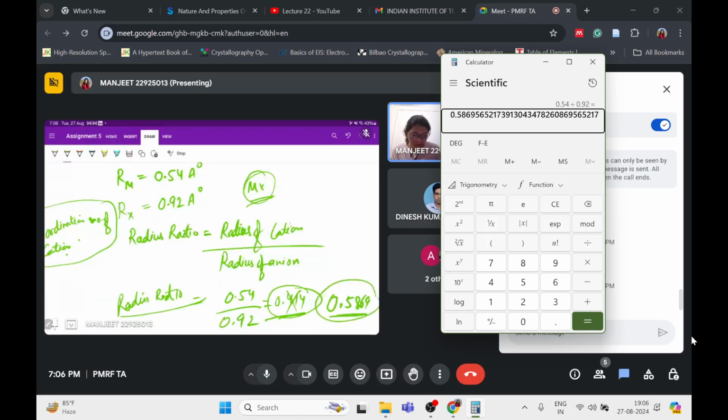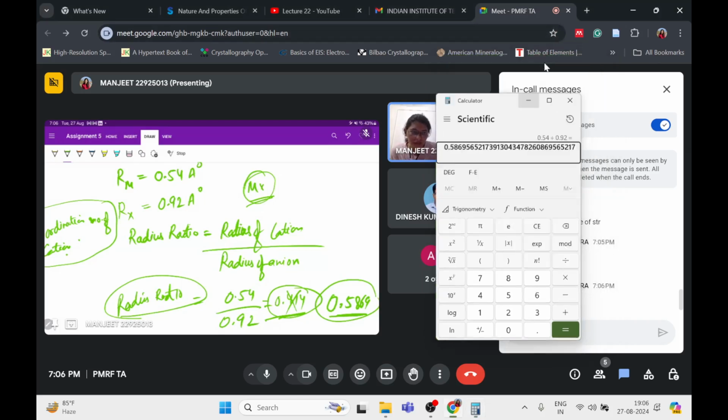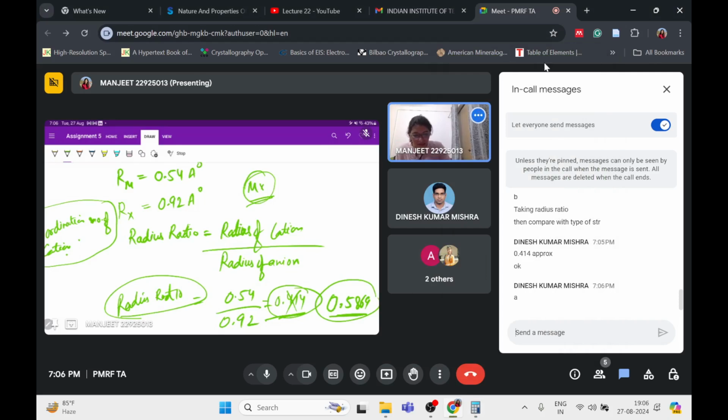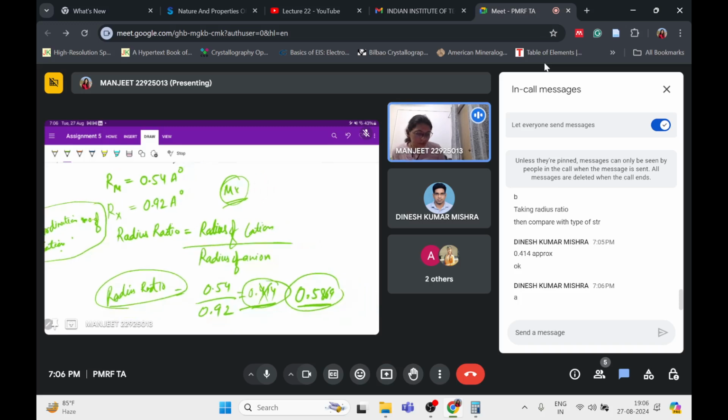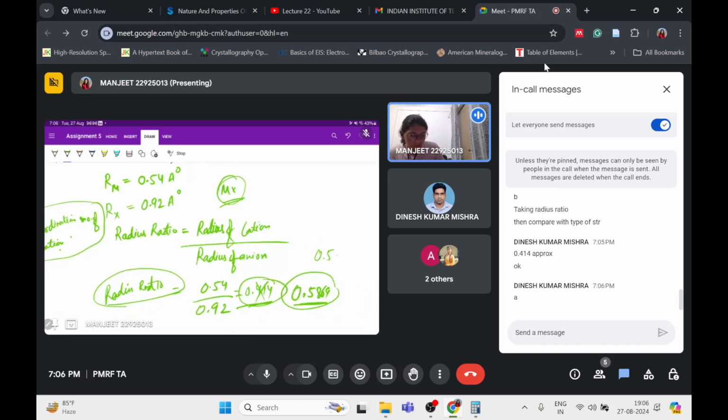This is a dimensionless quantity, because it is the ratio of two radii, so the units cancel out.